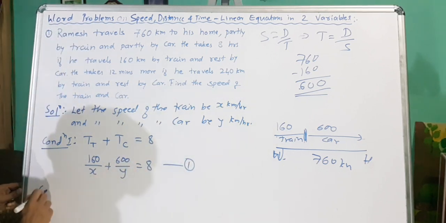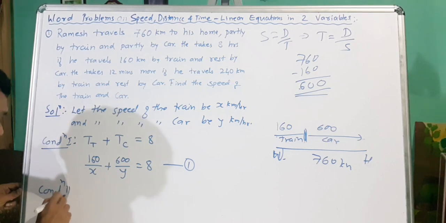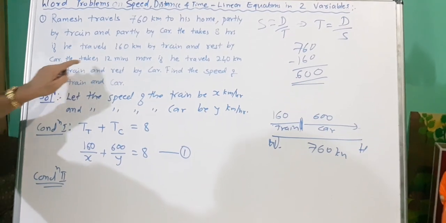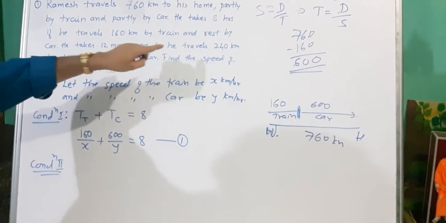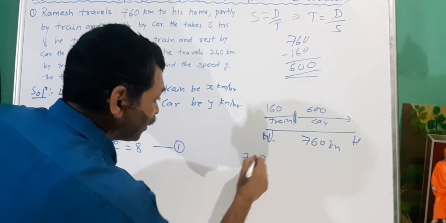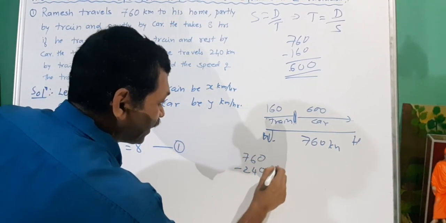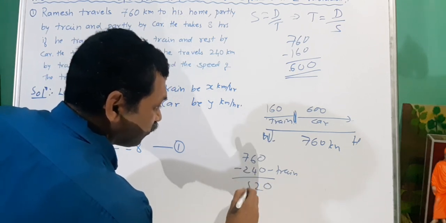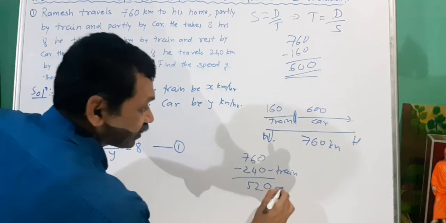We'll go for condition 2. What does condition 2 state? It takes 12 minutes more if he travels 240 km by train. So out of 760, if he travels 240 by train, then 760 minus 240 is 520, so 520 km by car.